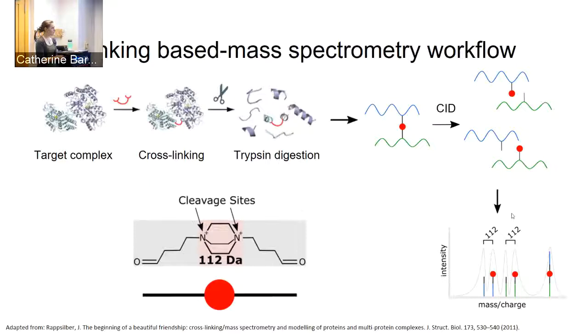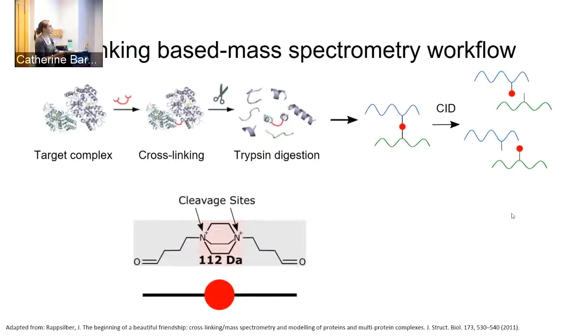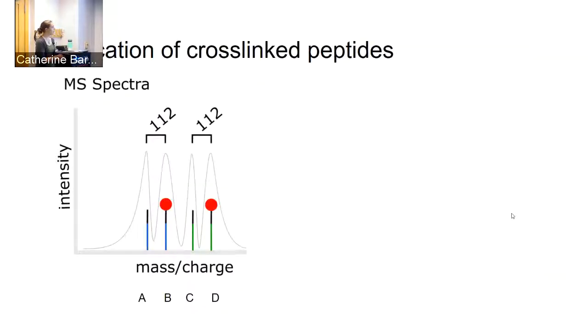So I'm going to kind of zoom in on this part for a second, because this is the gist of how we're actually finding the cross-links in the data. So here, if this is our peaks, our little intensities, and each one is associated with a different peptide fragment, then basically for this initial peptide, we'll have the blue peptide without the Dabco moiety, the blue peptide with it, and same thing for the green peptide.